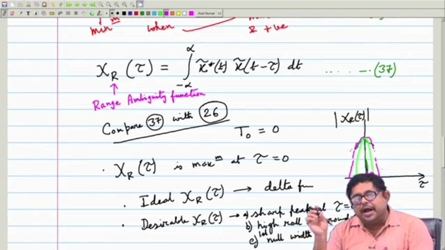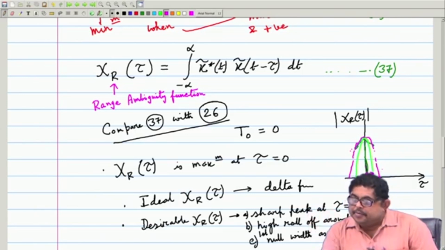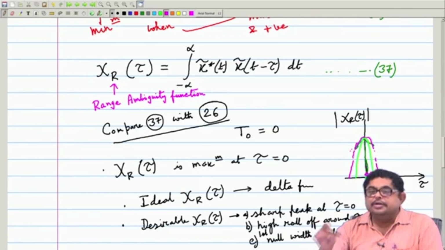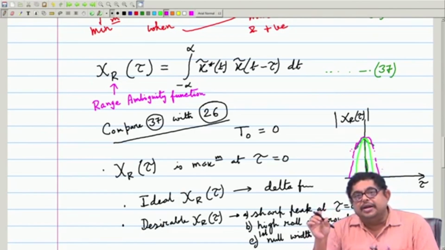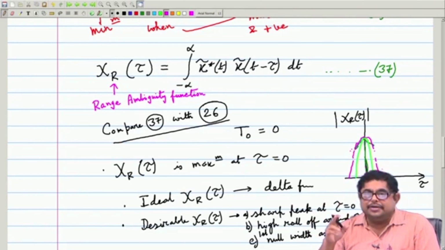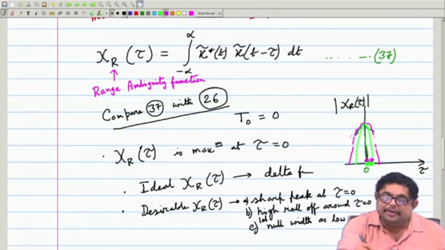So, the null width is the main thing. From the peak, that means 0 range, 0 separation, up to the width of the first null, I will say that it is from one target.